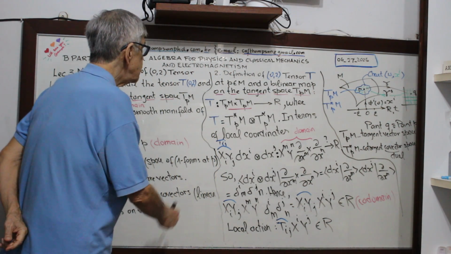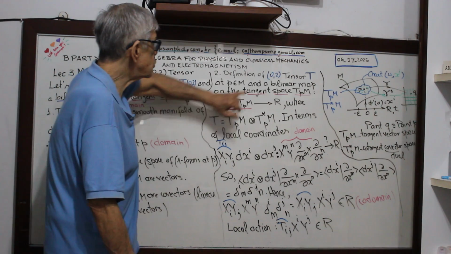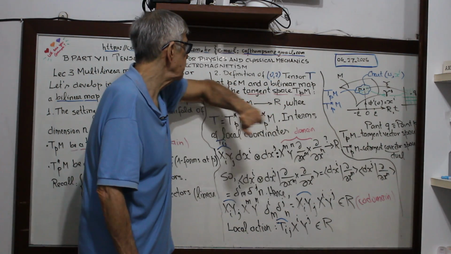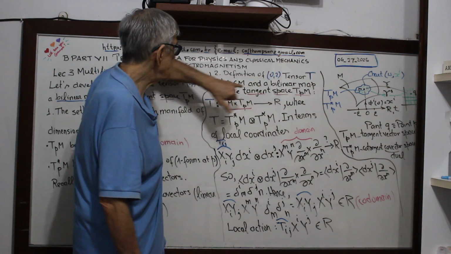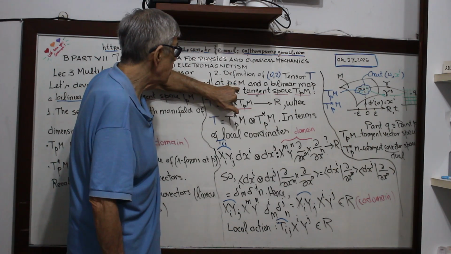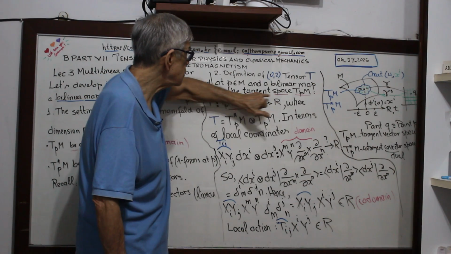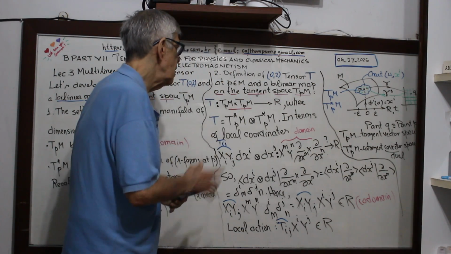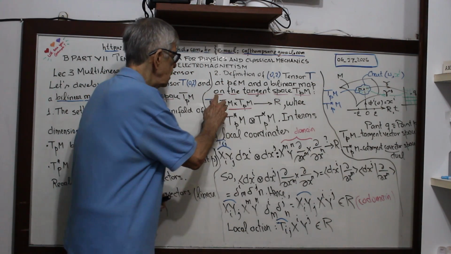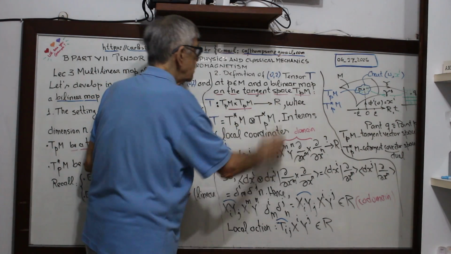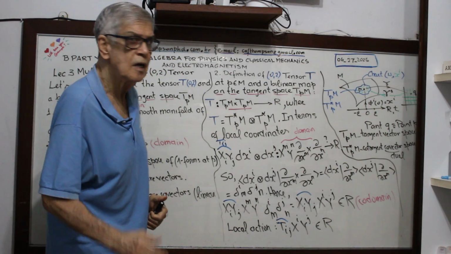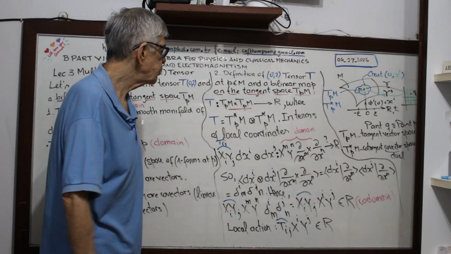So, let's continue here. Definition of a 0-2 tensor T. This definition is at P belonging to M, a bilinear map on the tangent space TPM. Now again, this red mark means that it is the domain.